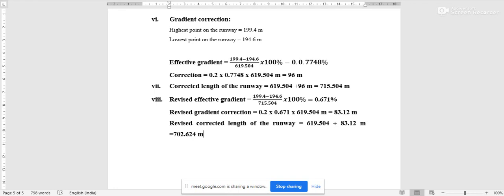Okay, by this way you may again revise the effective gradient for this length.